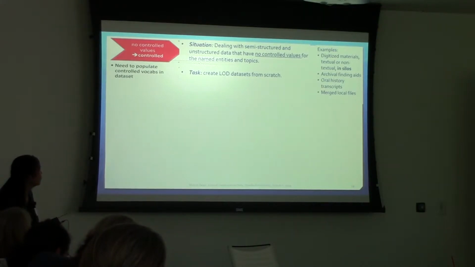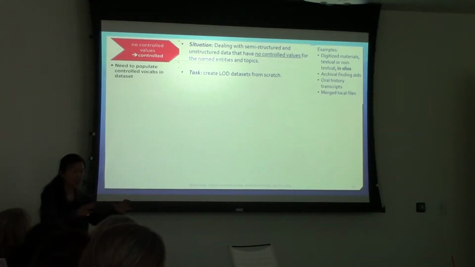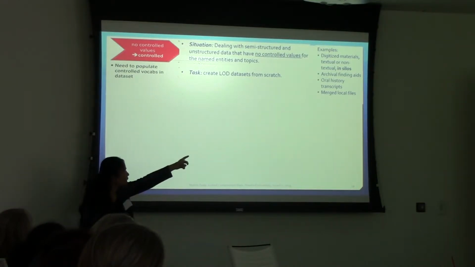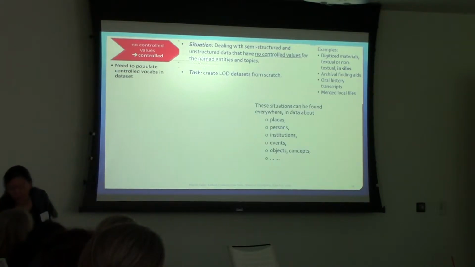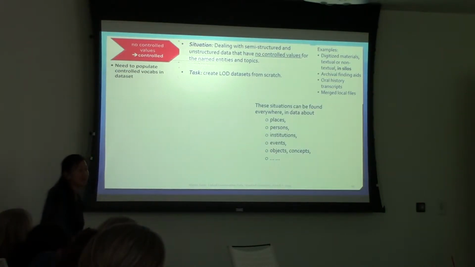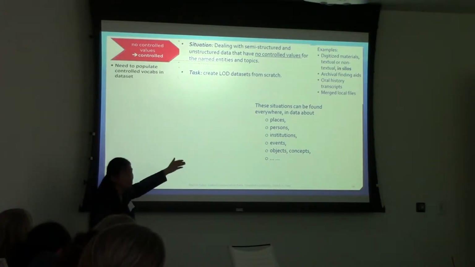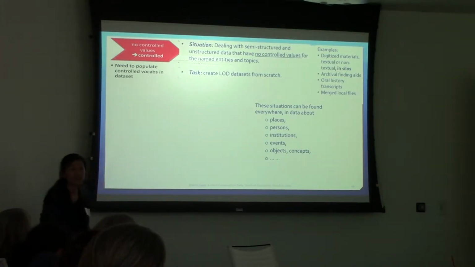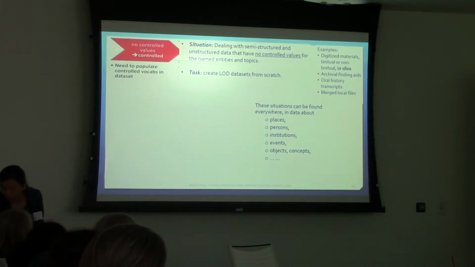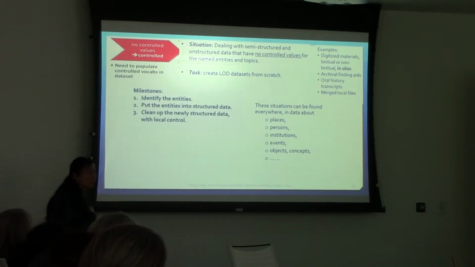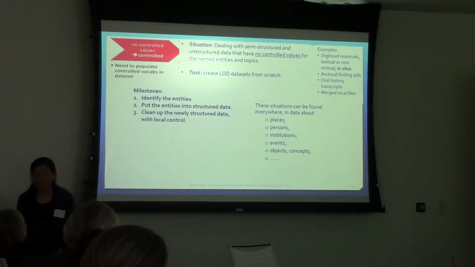The simple situation is that when you start with a whole set of text that has no control, you need to identify what is inside, what can be indexed, what can be recognized. For example, place, person, institution, event, object, concept. We just take them, and through the documentation work, we identify those of them, we put them into some kind of checkbox or structured data and clean them up.